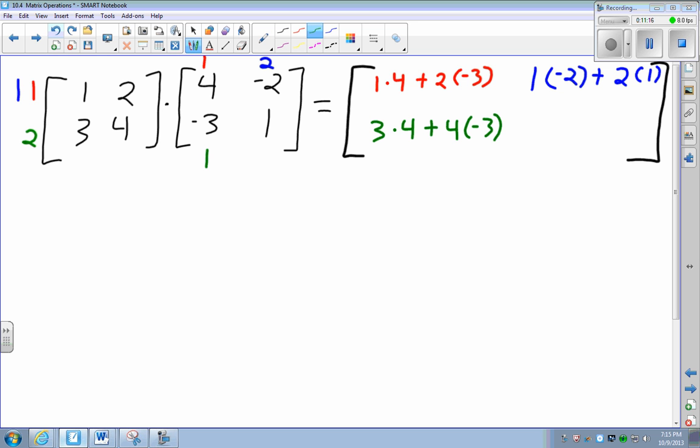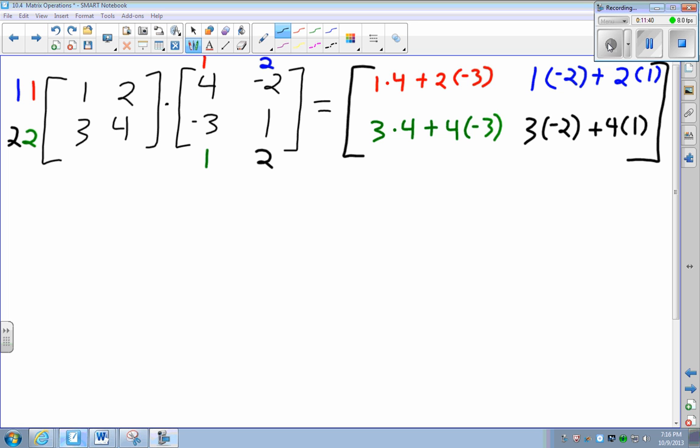Okay. Now let's look at our last one, row 2, multiplied by our second column. We'll get 3 times negative 2 plus 4 times 1.